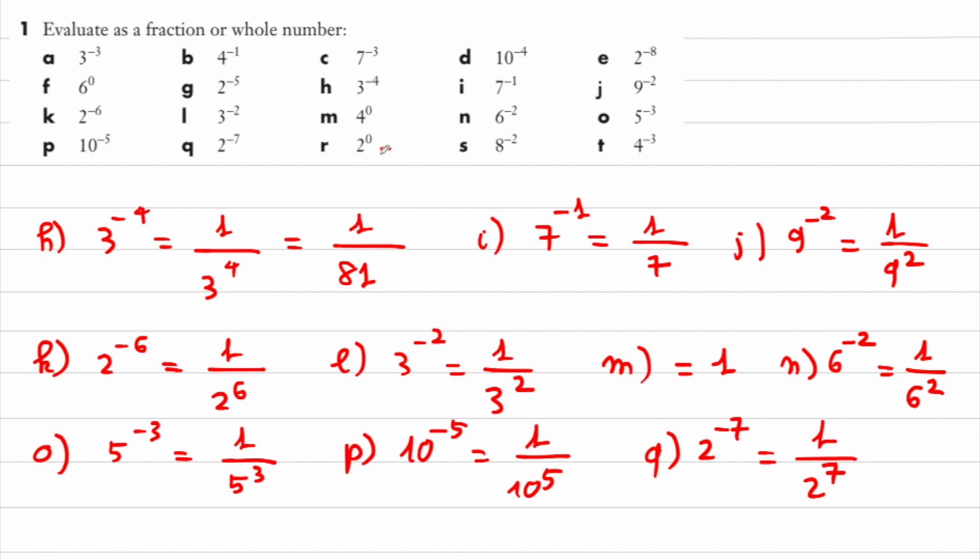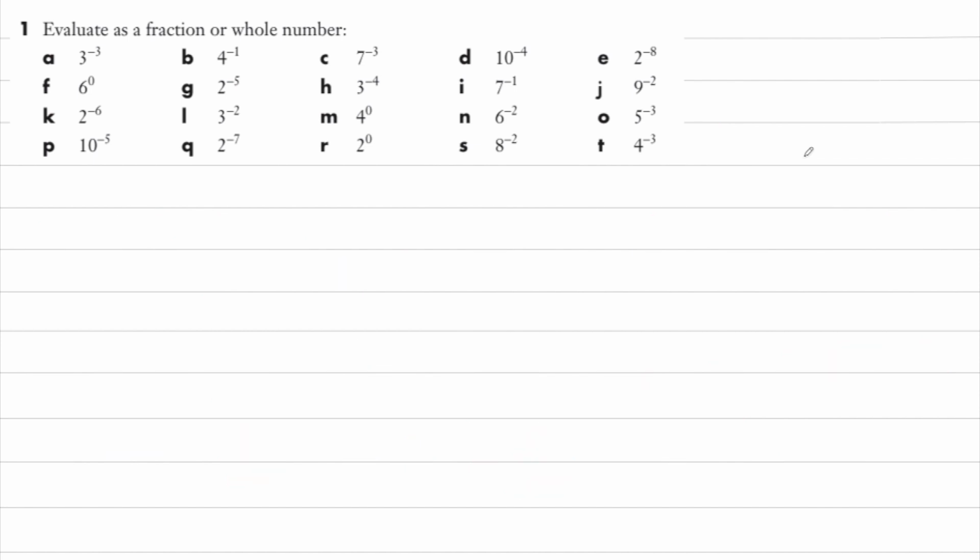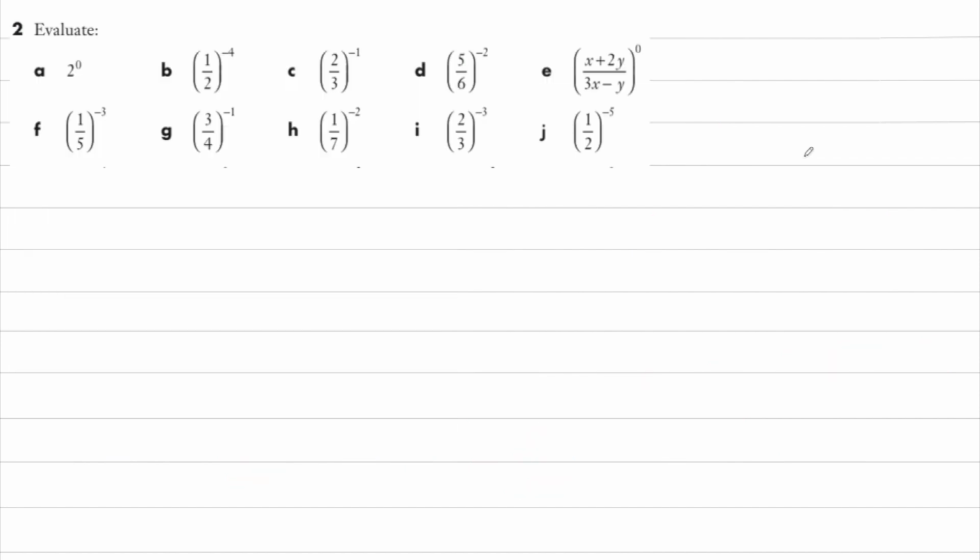Question R, you got equal to 1. This question, you got 1 over 8 square, and for the last one, 1 over 4 to the power of 3. Changing from the negative indices to the positive indices, you will have this writing. Exercise 1, we finished. We move to exercise 2.